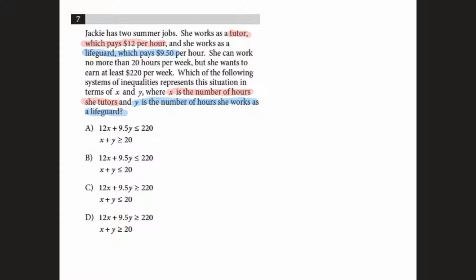So, let's see. We know that the number of hours that she works as a lifeguard plus the number of hours that she works as a tutor has to be less than or equal to 20 hours. All right? That's the first restriction that we got.